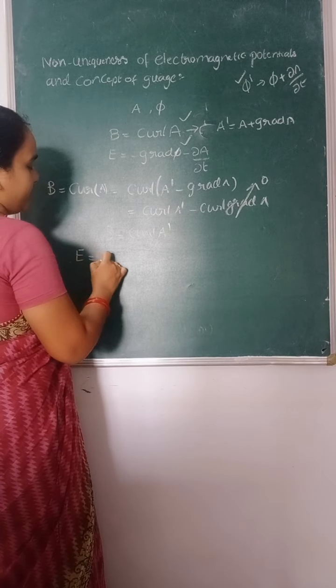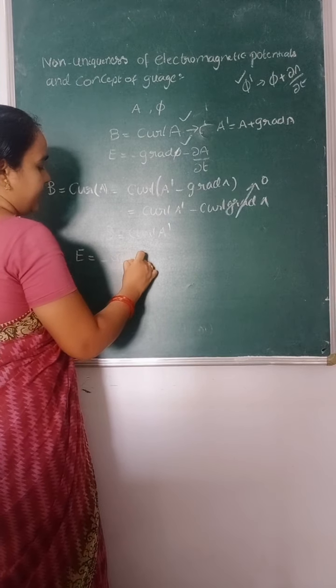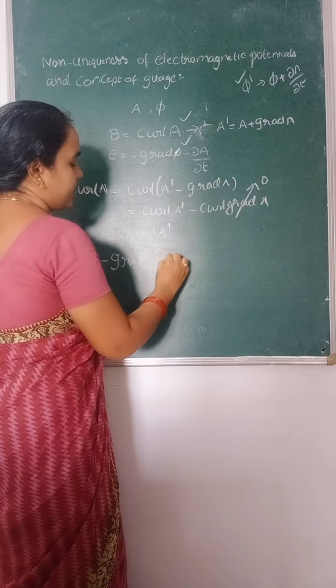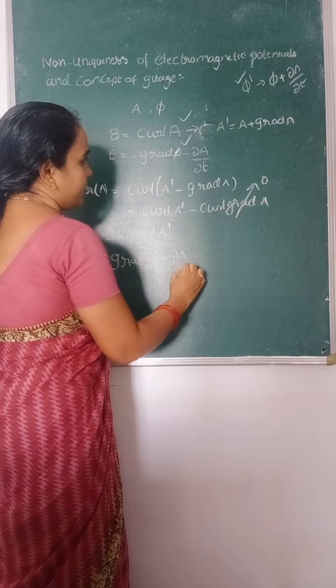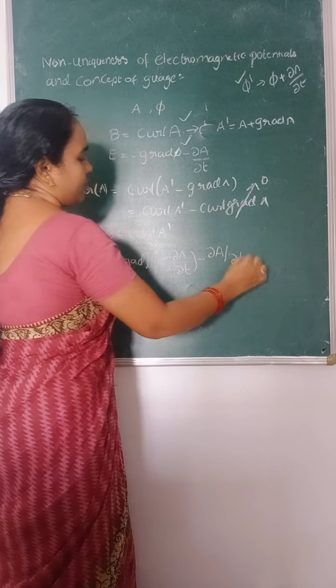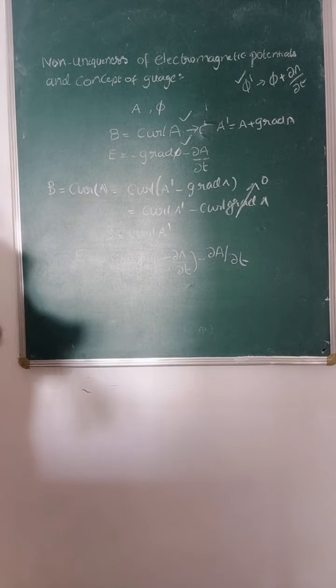Similarly, E is equal to minus gradient of phi, where phi is phi dash minus dou psi by dou t, minus dou A by dou t.